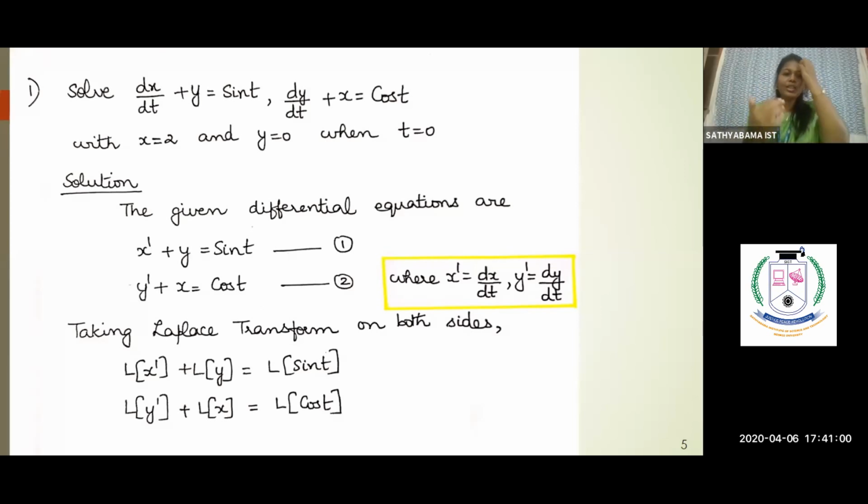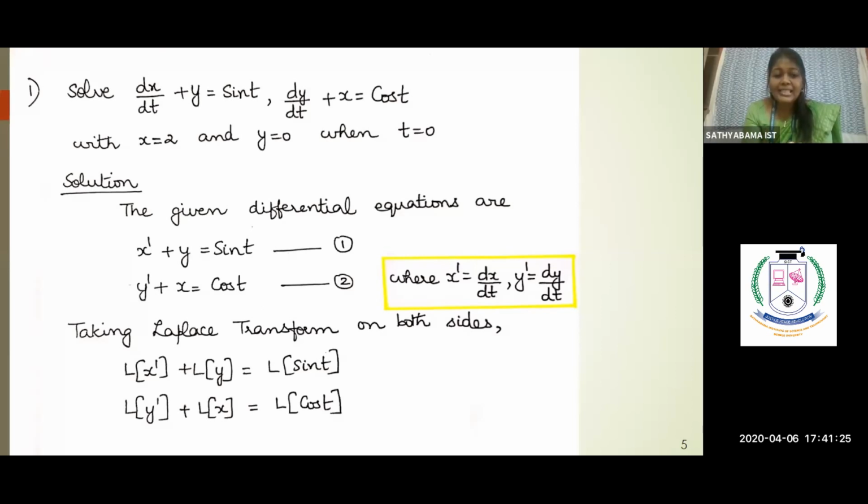Now I want you to read the question further. If you read, you will notice that there is one condition given. And this is called initial condition, because it's a condition at t equal to 0. Now let's read the condition. It says x is 2 and y is 0 when t is 0. So x and y are both functions of t.